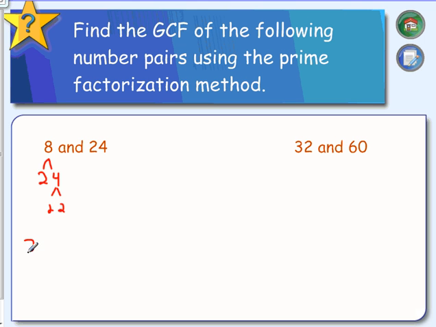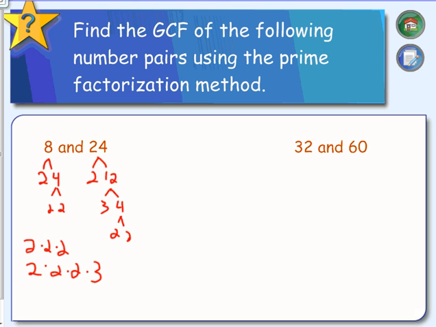So then I could have 2 times 2 times 2. 24 can be broken down to, let's do 2 and 12. 12 can be broken down to 3 and 4. 4 can be broken down to 2 and 2. So then we are given 2 times 2 times 2 times 3.